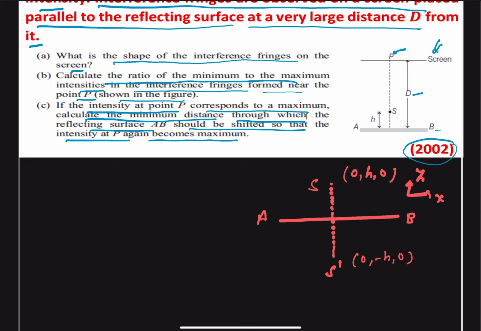For the sake of convenience, it's not a big issue. Let us observe the screen is placed at a distance of, so it is somewhere here. This is point P and it has a distance d.